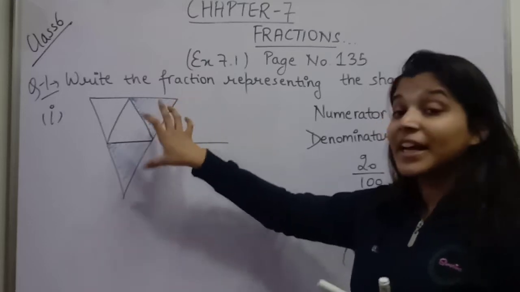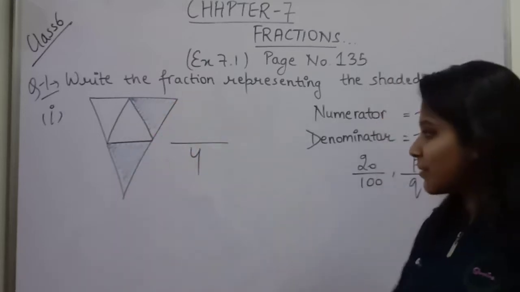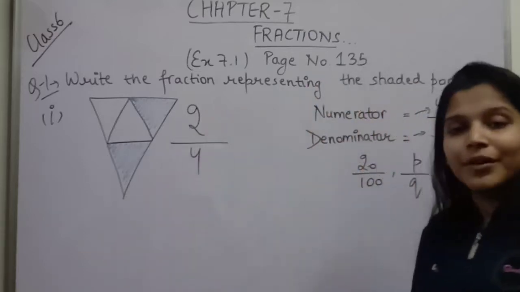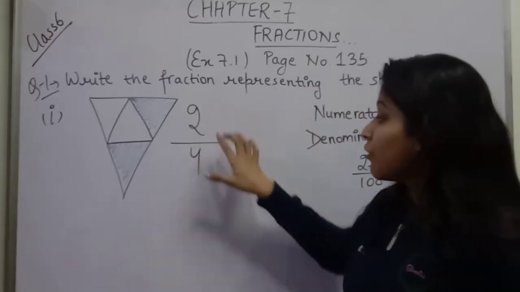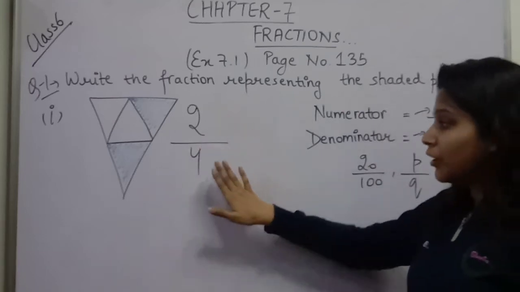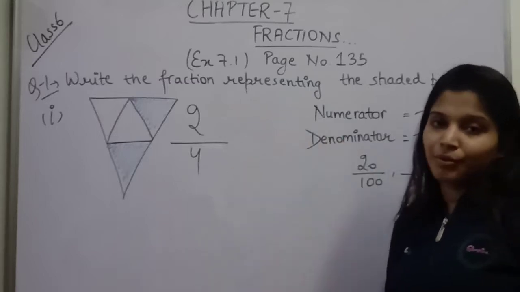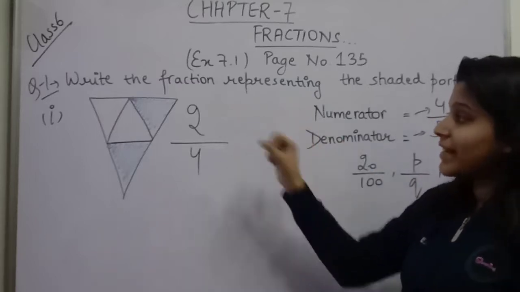That will be the shaded part. अब इसमें shaded part क्या है? 1 and 2. Only 2 shaded parts are there. It means 2/4. इसका मतलब क्या है? 4 में से 2 parts shaded है. ठीक है? 4 में से 2 parts shaded है. So 2/4. Okay? So fraction ऐसे form होती है.